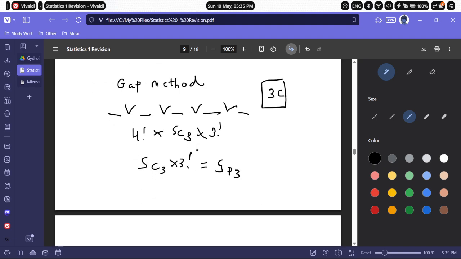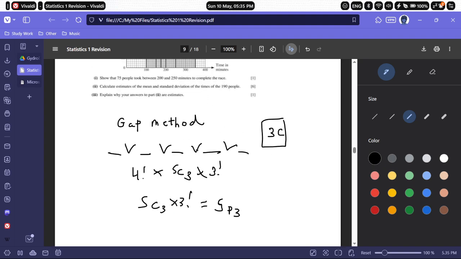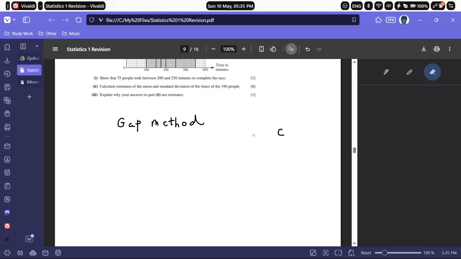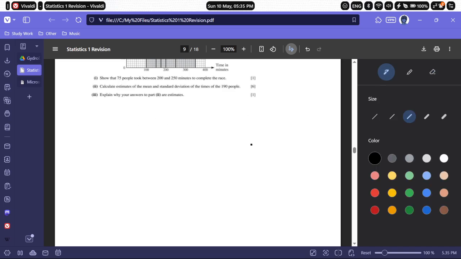Okay, I'll just go through the next method as well so that it'll be easier for you guys to recognize which methods to use. So apart from this, you have another method which is known as the block method. Till now we have just covered the gap method.